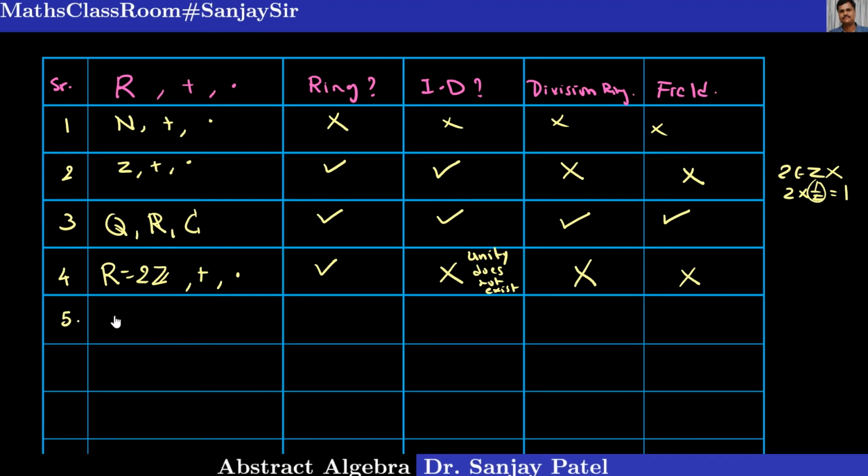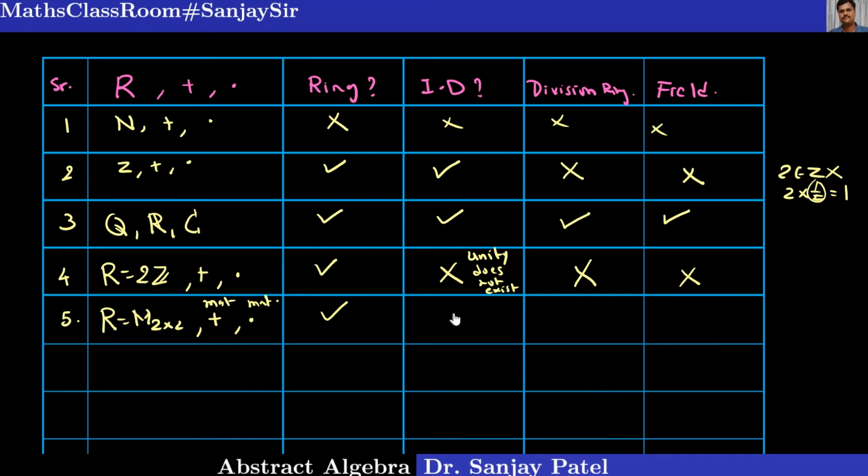Next, let us check the ring of matrices, say 2 cross 2. I am taking R equal to M 2 cross 2, the set of all 2 cross 2 matrices, where plus and dot mean matrix addition and matrix multiplication. For this operation, we know that it is a ring. We have proved it.